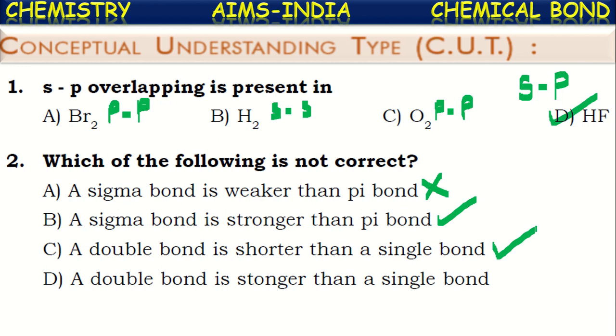That we say as bond length decreases. That's why a double bond is shorter than a single bond. I think the next statement is also the same, repeated. Okay, this also will be correct. Now, the only incorrect statement among these four is this. Okay, next one.